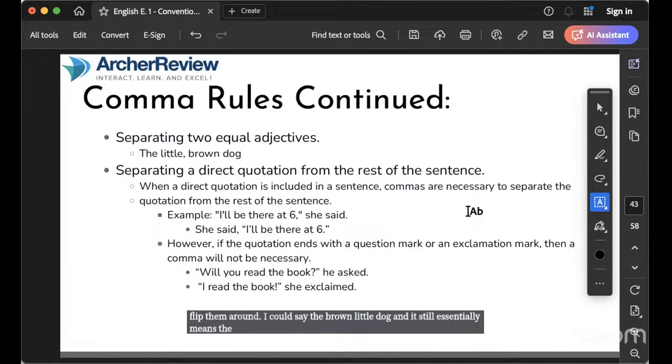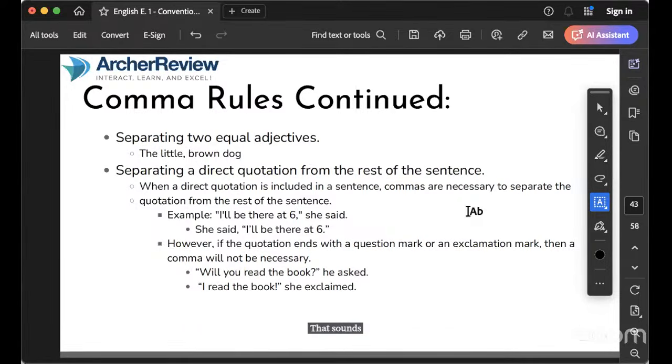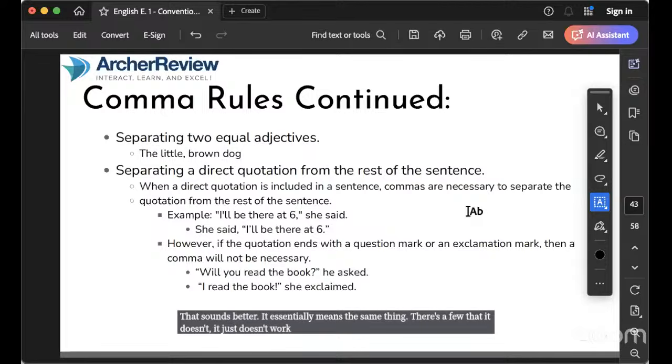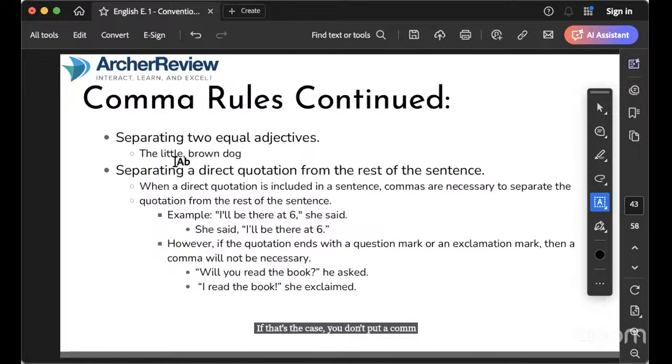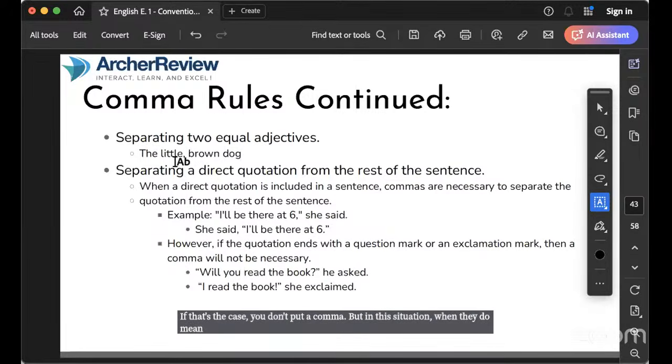It doesn't sound as good, the little brown dog. That sounds better, but it essentially means the same thing. There's a few that it just doesn't work and it doesn't carry the same meaning to it. If that's the case, you don't put a comma. But in this situation, when they do keep the same meaning and they carry the same weight, you put a comma between the two adjectives. Okay?